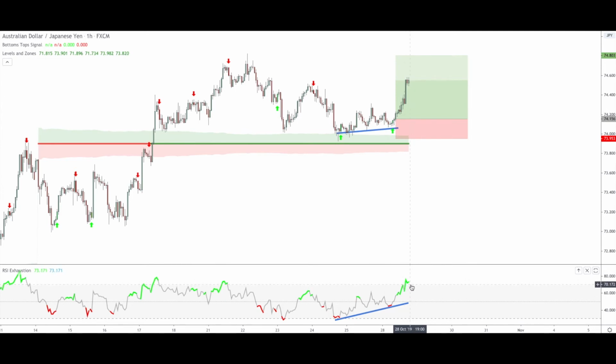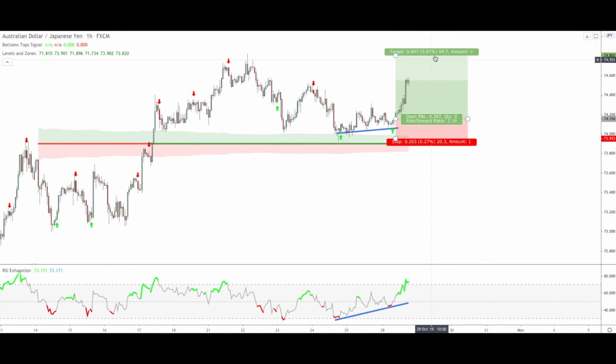I will be concerned if I see any significant divergence between this point here and the RSI here. Maybe then the RSI keeps moving down and the price moves up. But by the time the RSI moves down and the price moves up, we should already be out of the trade.